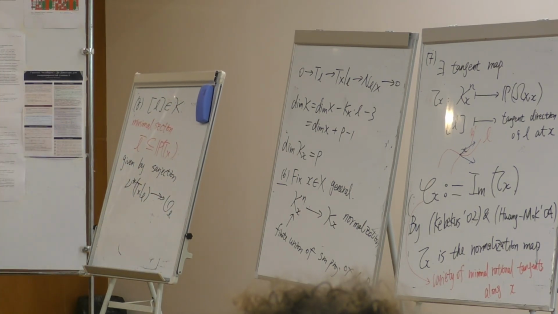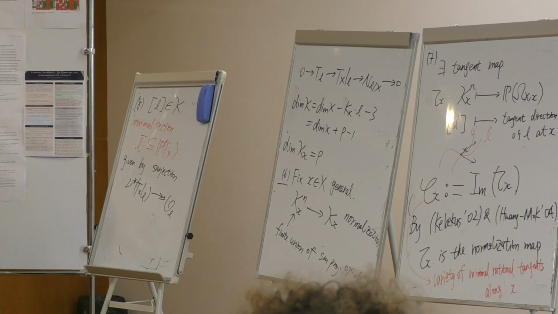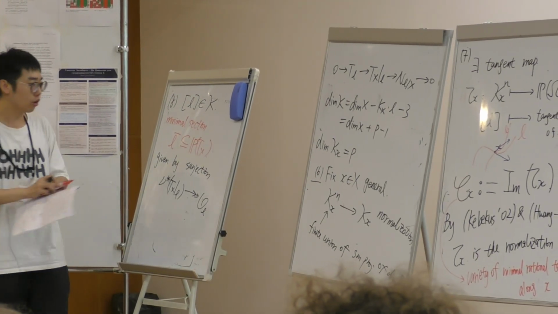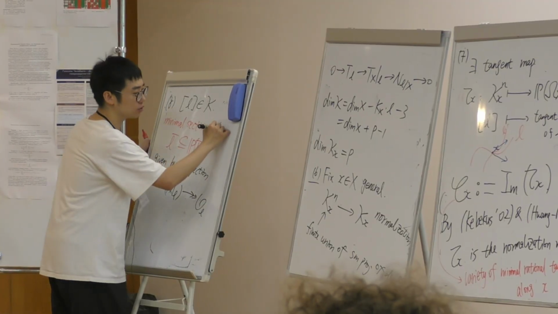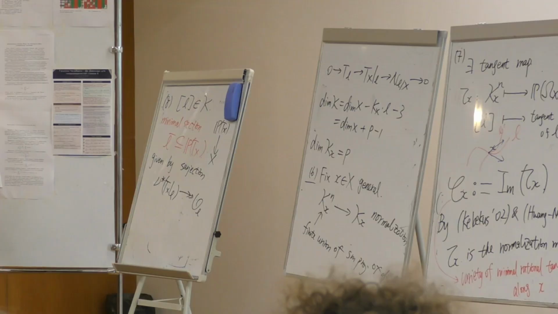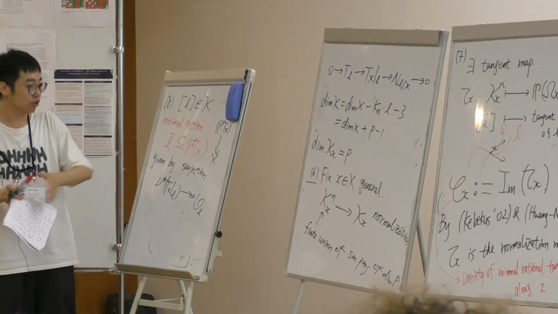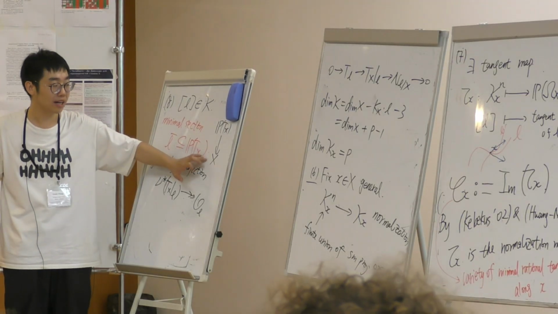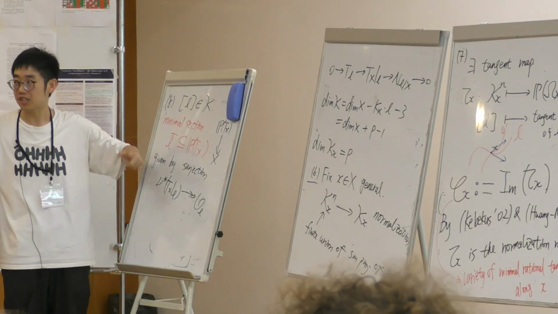Okay, so let me explain this. Now I have said we need to consider PTX to X. So for every minimum rational curve living here, we would like to define some section dominating this curve.